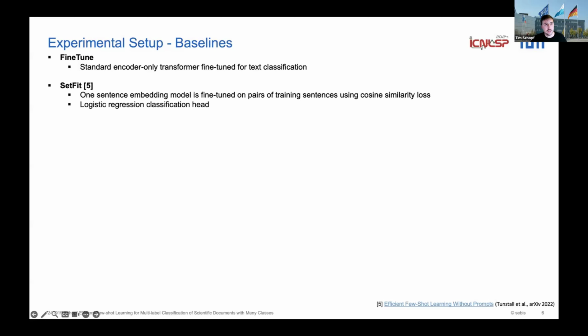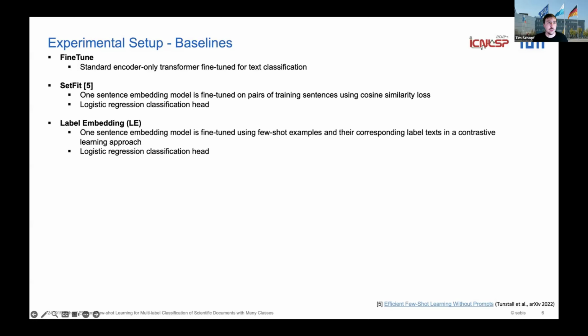Then we use a SetFit model as proposed by Tunstall, where we have one sentence embedding model that is fine-tuned on pairs of training sentences using the cosine similarity loss. Further, we use a label embedding approach where we also use one sentence embedding model, but this one is fine-tuned using few-shot examples and their corresponding label tags in a contrastive learning approach.